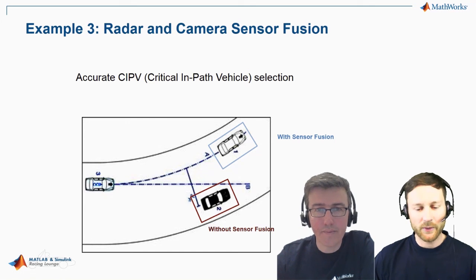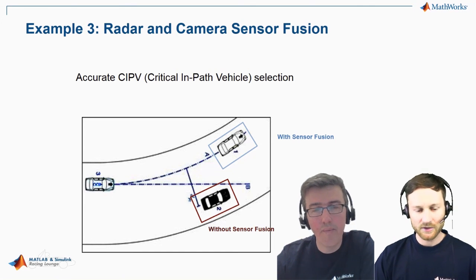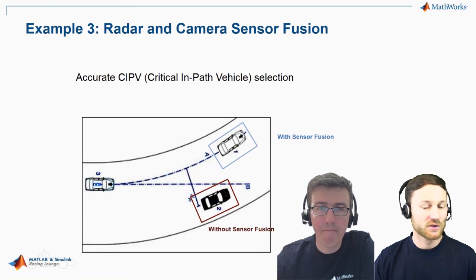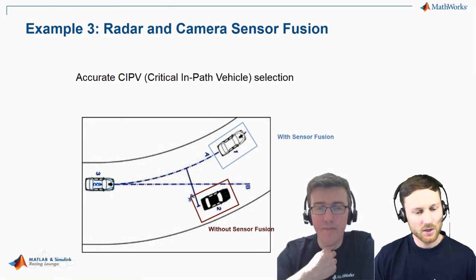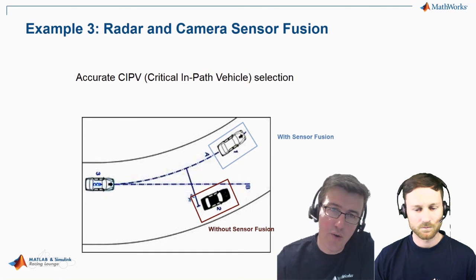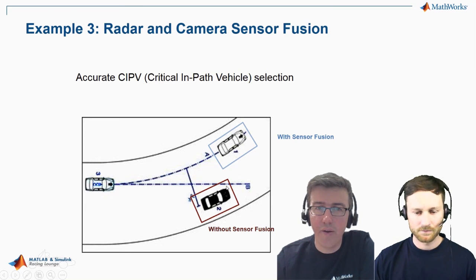Okay, so quick question at that point. The radar would be able to see both cars, but it would focus on the slower car, which is closer to me, obviously. It depends on the radars that you will use. You can have radar systems that will be able to detect both cars and also the angle and the position of the cars.